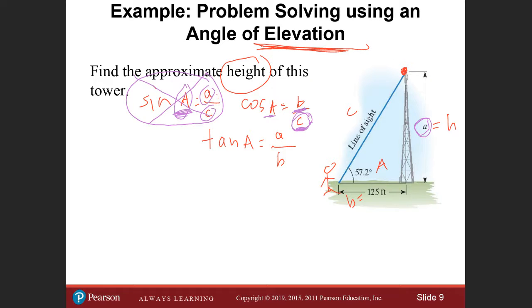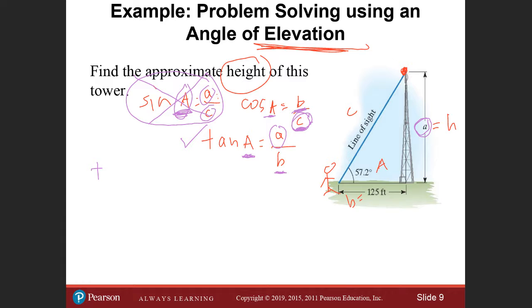So the easy way that we can do is using tangent A, because the angle A is given here, and B is given also, and A is missing. So we can use the third trigonometric function right away to have a shorter solution. Again, using the second one, you can still use that, but it gives you a longer one.